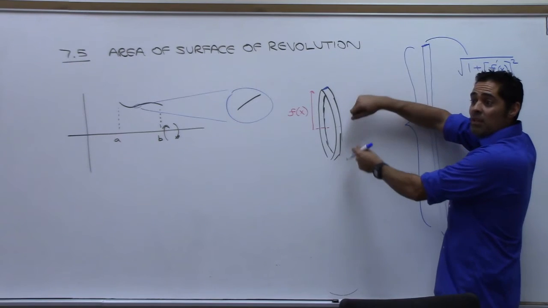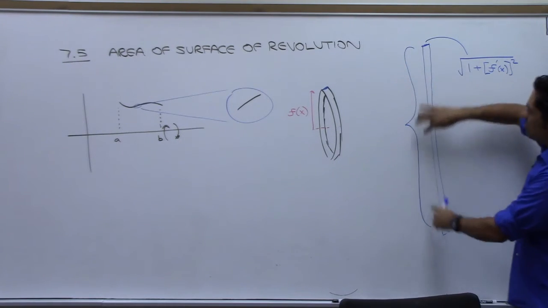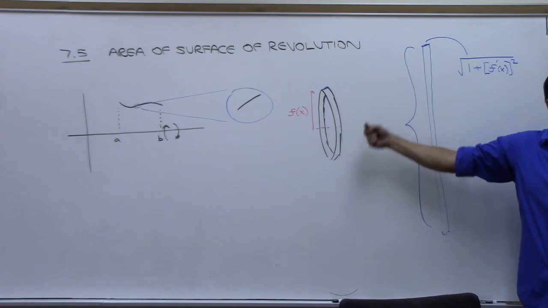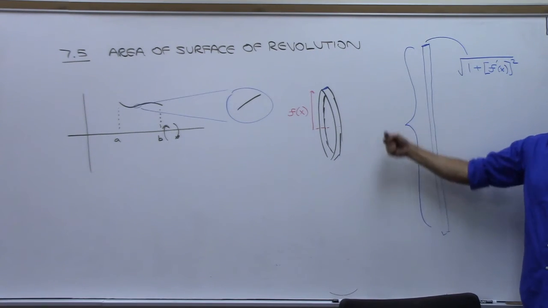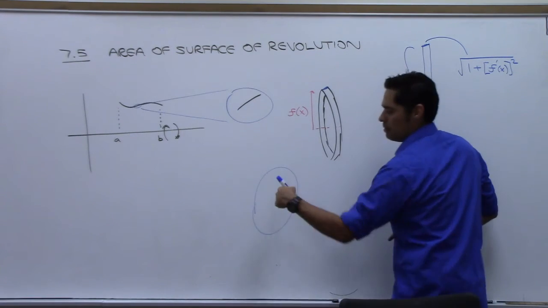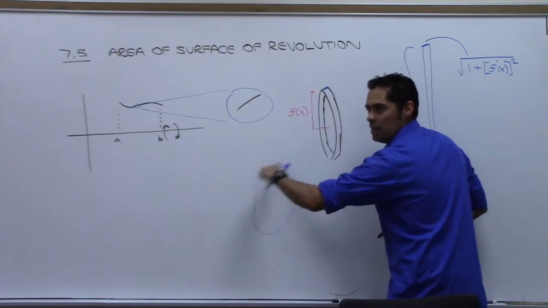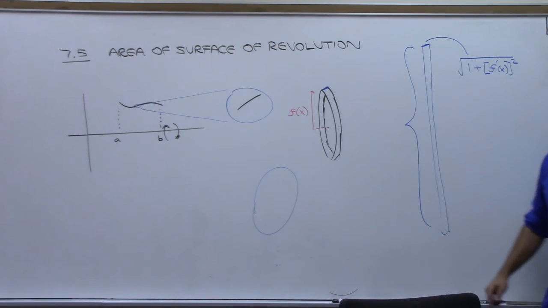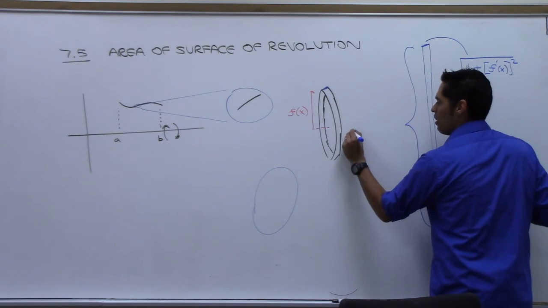We cut this and we laid it open. So isn't this entire edge the circumference of this rubber band? Look at that rubber band from the side, from this direction. It's a circle, isn't it? It's 2 pi r, which r, it's not r, it's, you said 2 pi f of x? Yeah. I didn't hear you. Sorry.